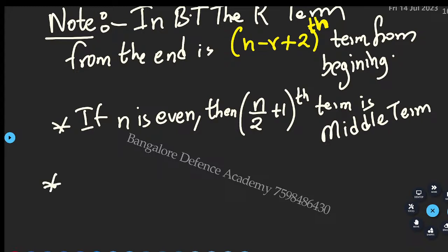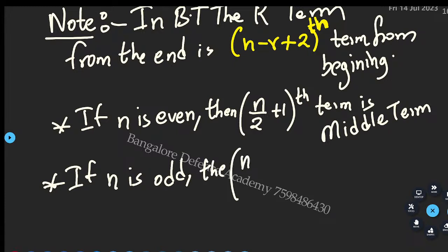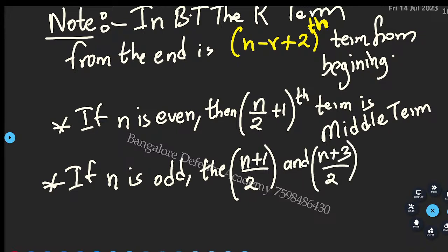Next, if n is odd, then the n plus 1 by 2 and n plus 3 by 2 terms are the two middle terms.